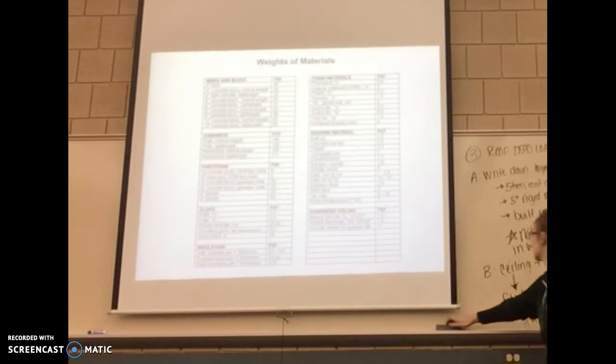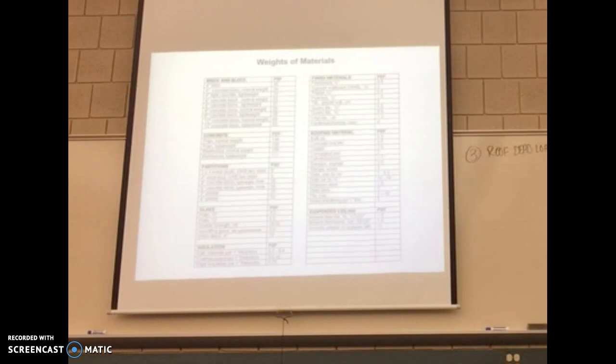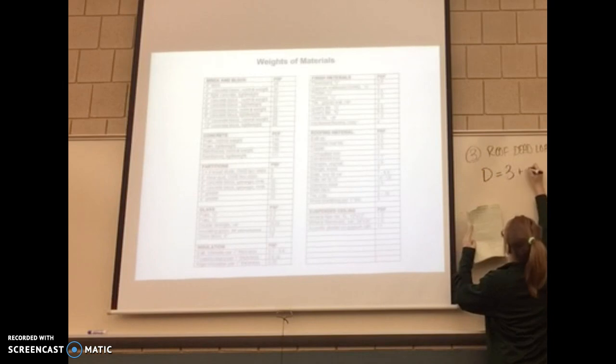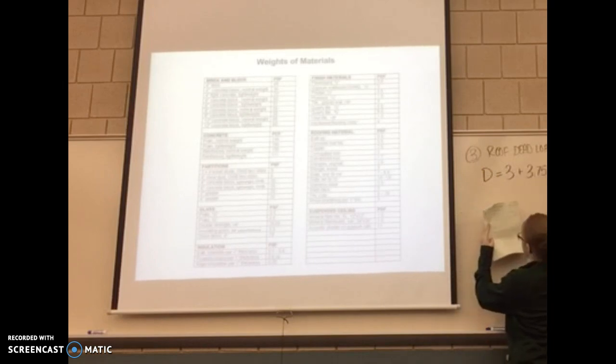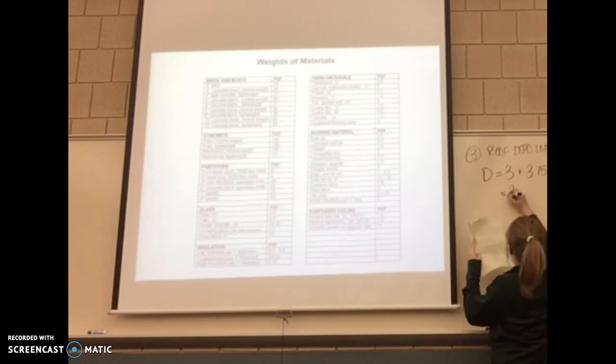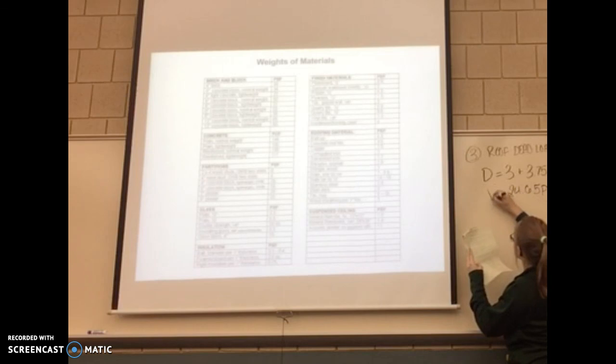Okay, so I'm going to erase, and we will add those all up. All right, so my dead load equals 3 plus 3.75 plus 6.5 plus 1.4 plus 10, which gives me 24.65 pounds per square foot.